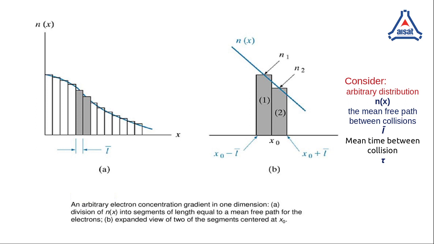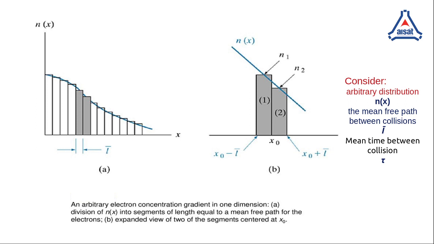Now we will see how the movement of carriers due to diffusion is happening. Suppose you have n number of electrons in segment 1. The chances of movement of these electrons to the right and left will be equal. Take half of the electrons in segment 1 moving to the right and half moving to the left.